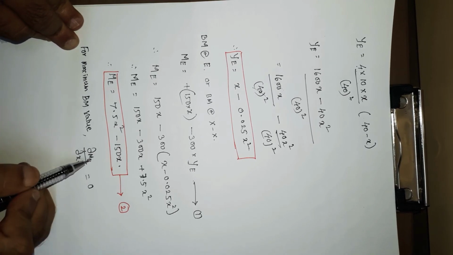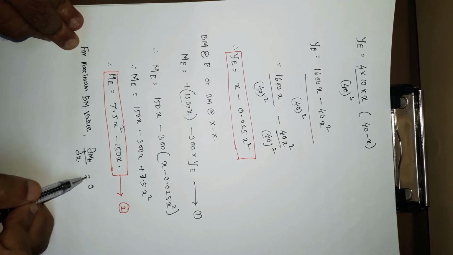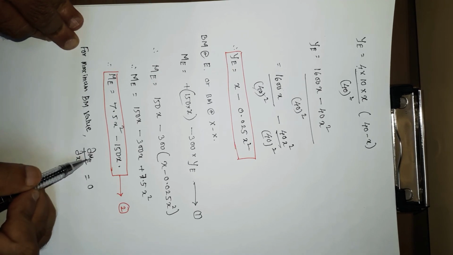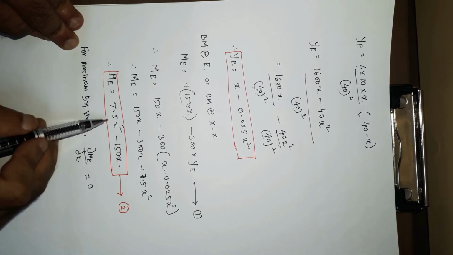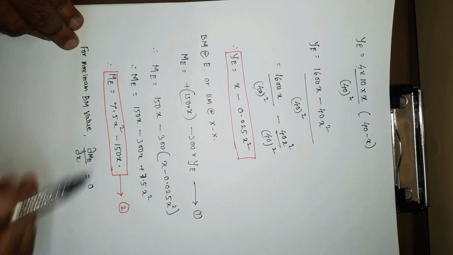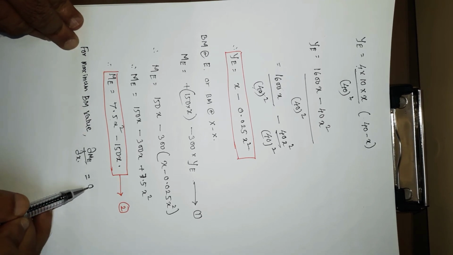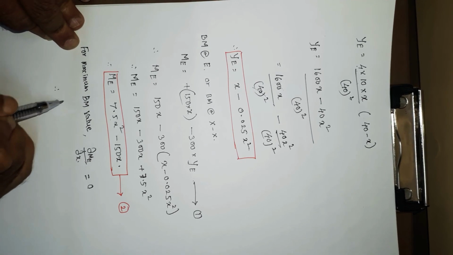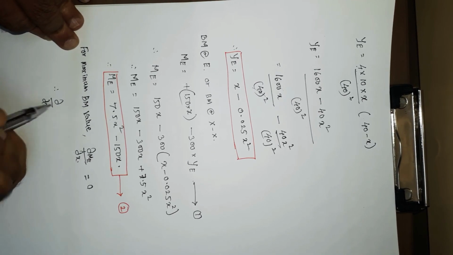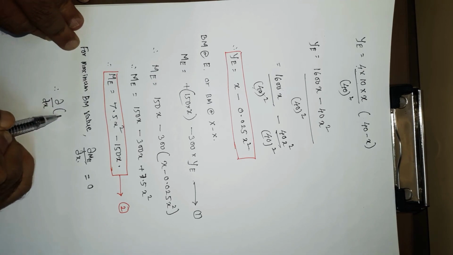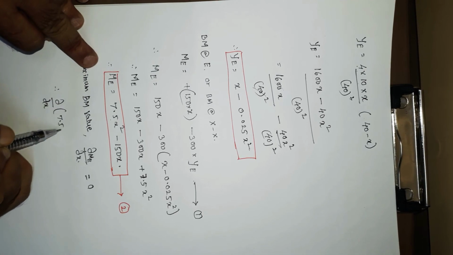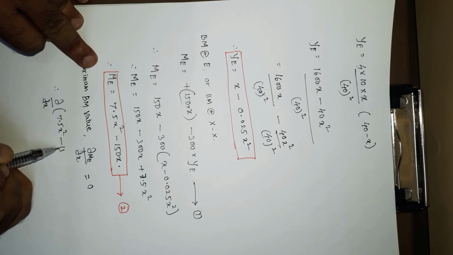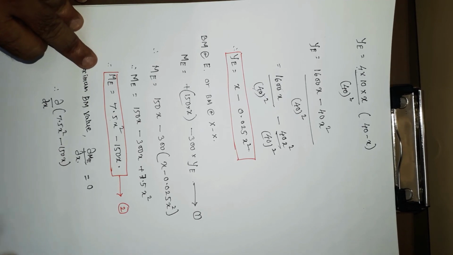So differentiate this equation with reference to X and equate to 0, then we get the X value. Therefore dou ME by dou X, with ME equal to 7.5 X square minus 150X, is equal to 0.